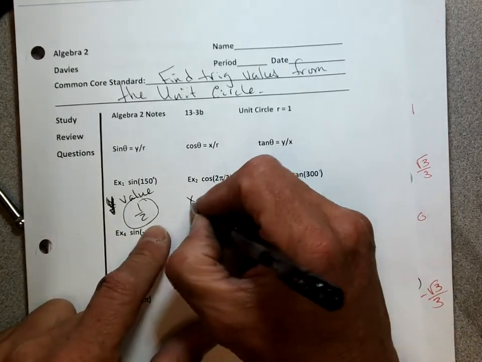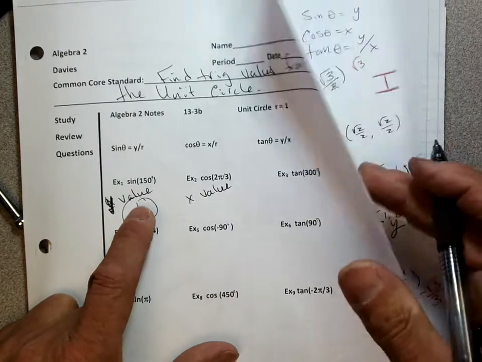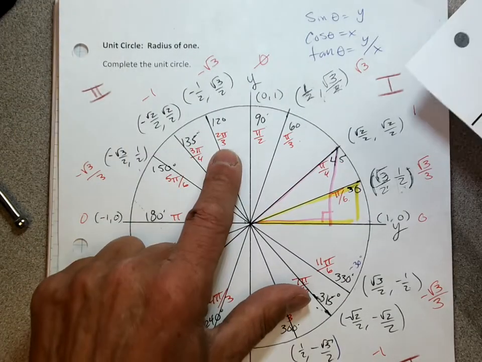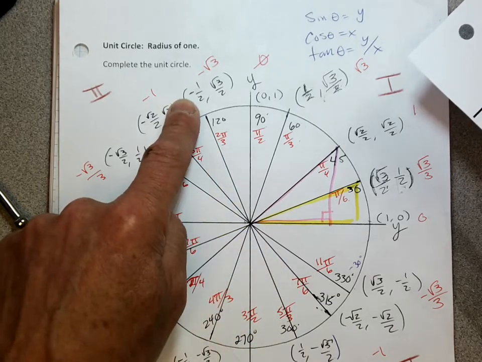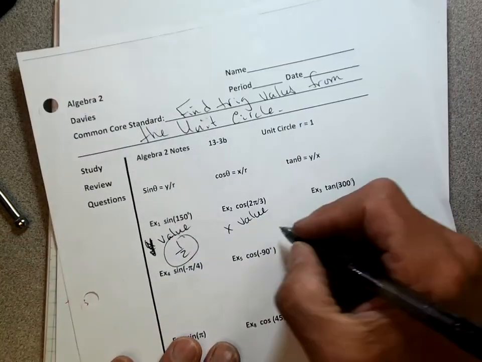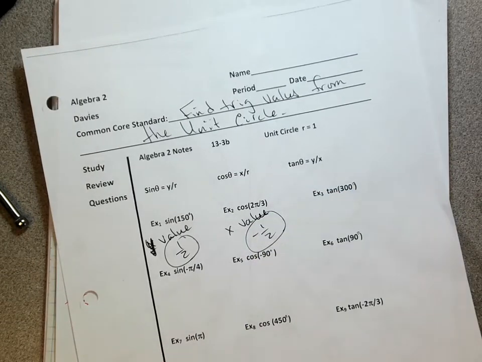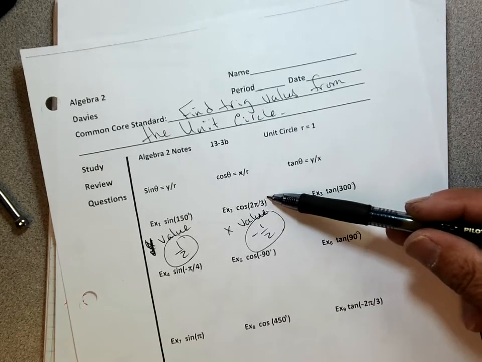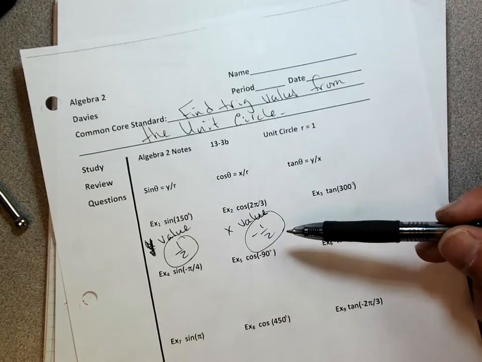Cosine is the x value. So I got a 2 pi thirds on my unit circle. 2 pi thirds is here. Cosine is the x value. It is negative 1/2. Again, you can check that on the calculator if you want to, but you'd have to change it to radian mode first of all, wouldn't you? To even make it work. But by the time you did that and pushed your buttons, I already got it done.